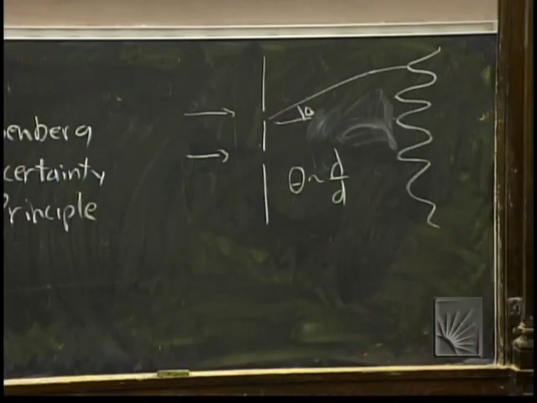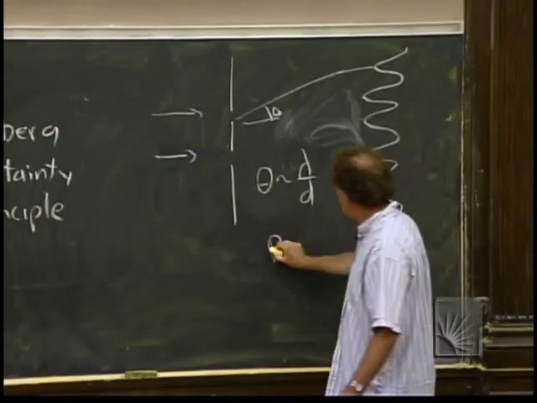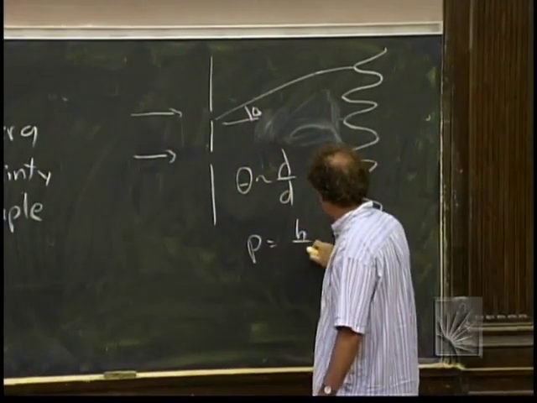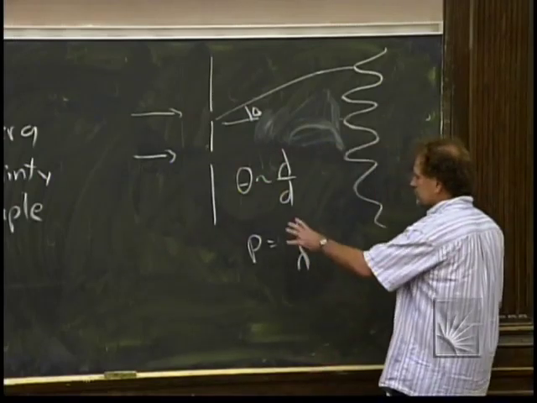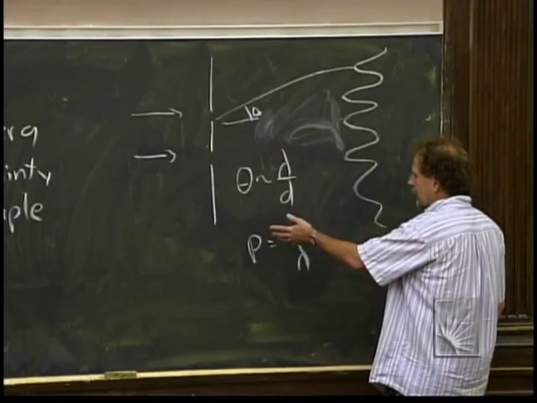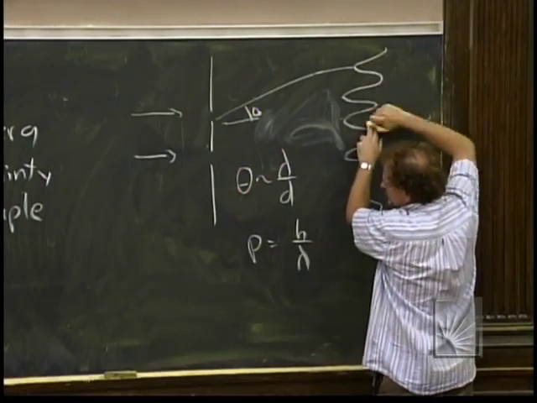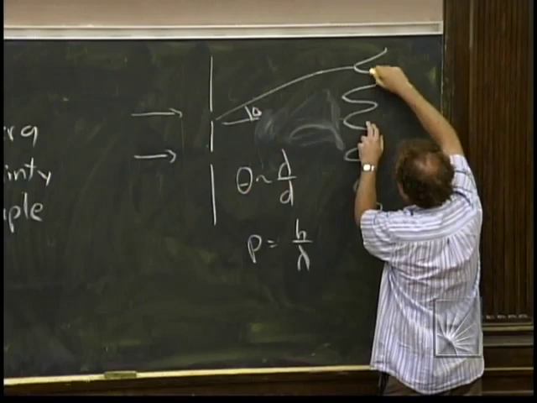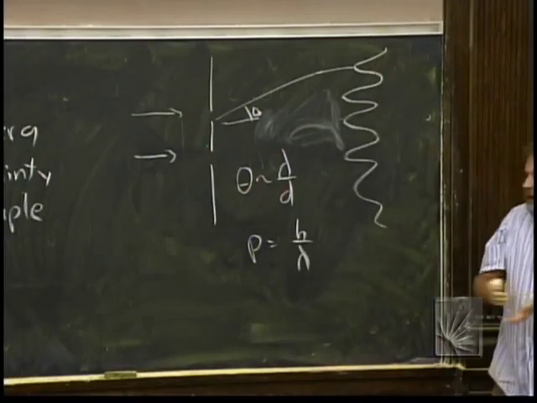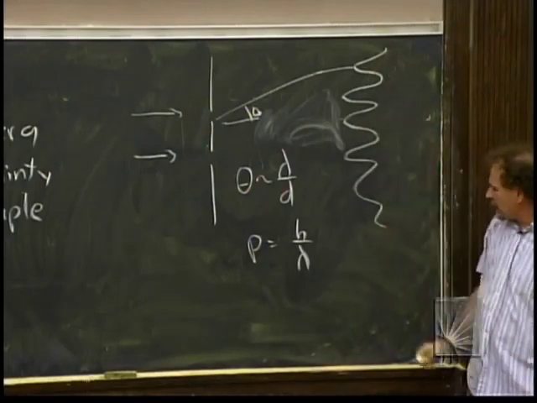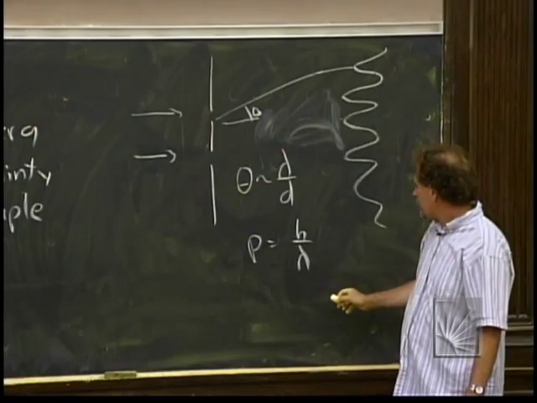And you can make an argument, since p equals h over lambda, and the bigger theta is, the more uncertain you are as to where the particle ends up, right?